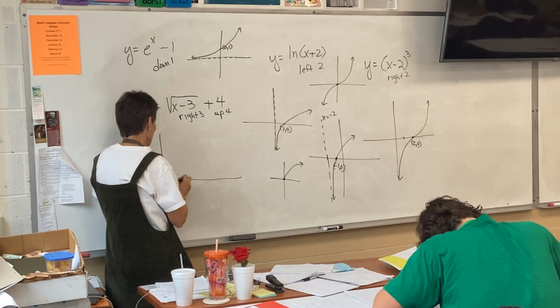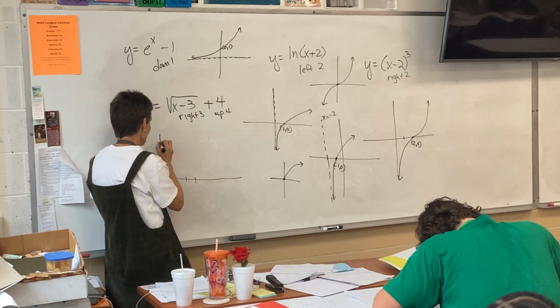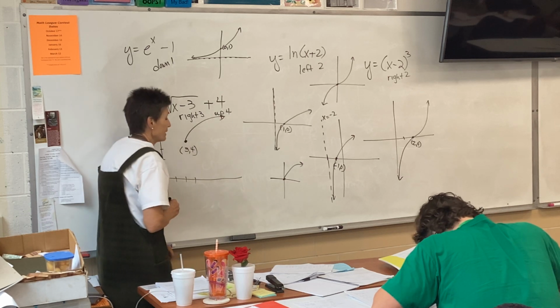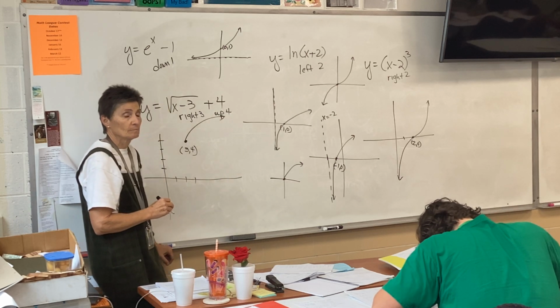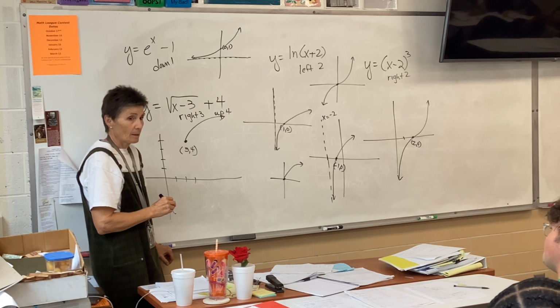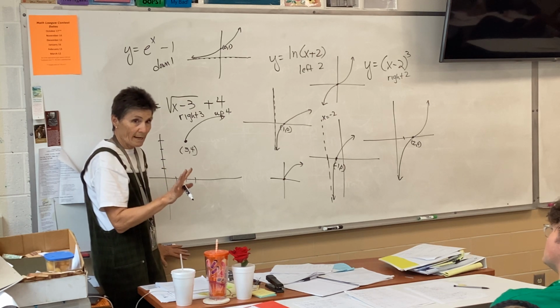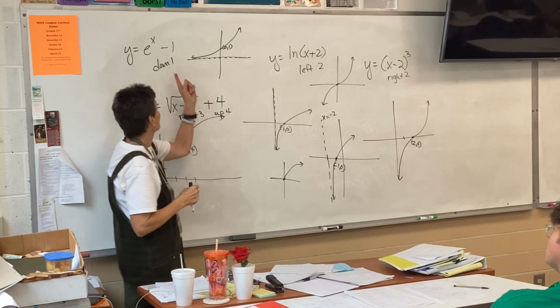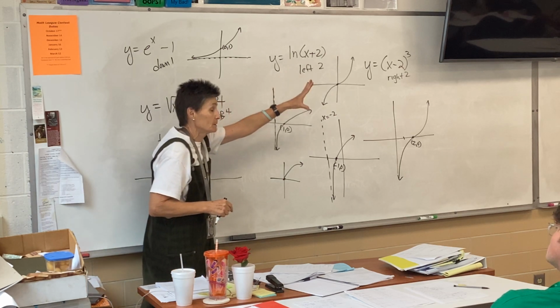So here we go. 1, 2, 3. 1, 2, 3, 4. This would be the point 3, 4. And up and out, right there. All right. We got that? Easy problems if you know your shapes and you know your rules about how things move.